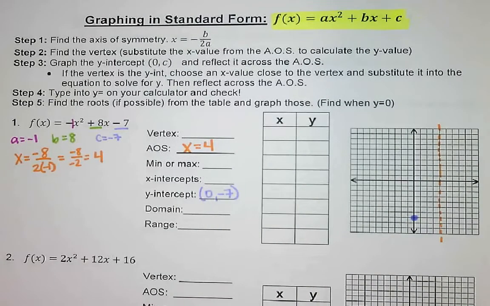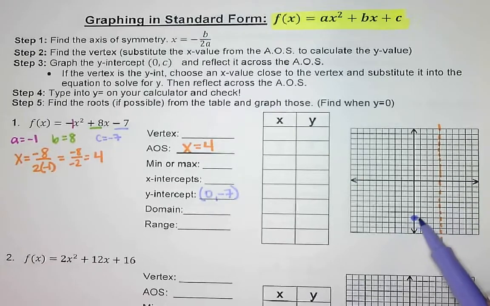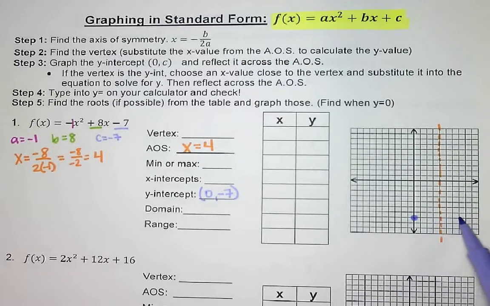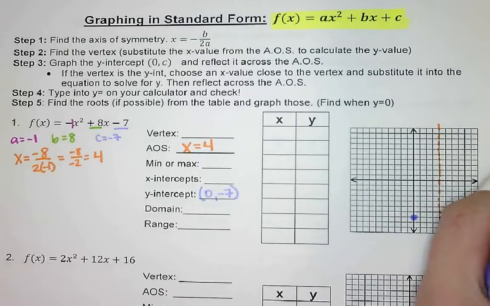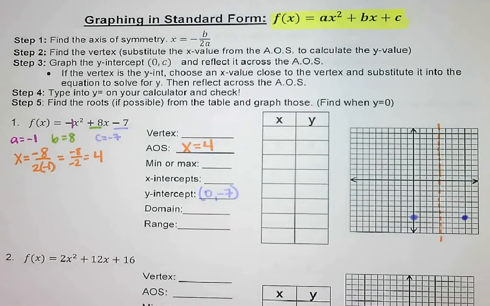Can you reflect something across your axis of symmetry? Yes. So if this is 1, 2, 3, 4 away, we can graph 1, 2, 3, 4, another little dot on the exact opposite side. It's symmetrical. It cuts it in half.